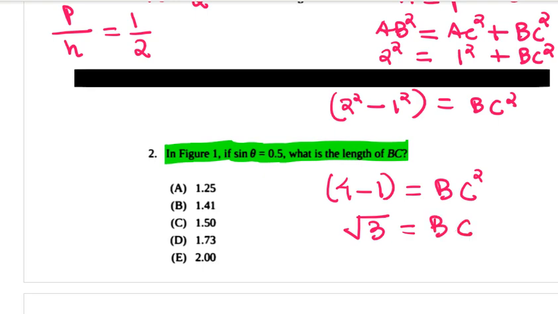Now if you need to find the value, you know the value of root 3 is 1.732. So you can write approximately 1.73 is BC. So that is your final answer, 1.73.